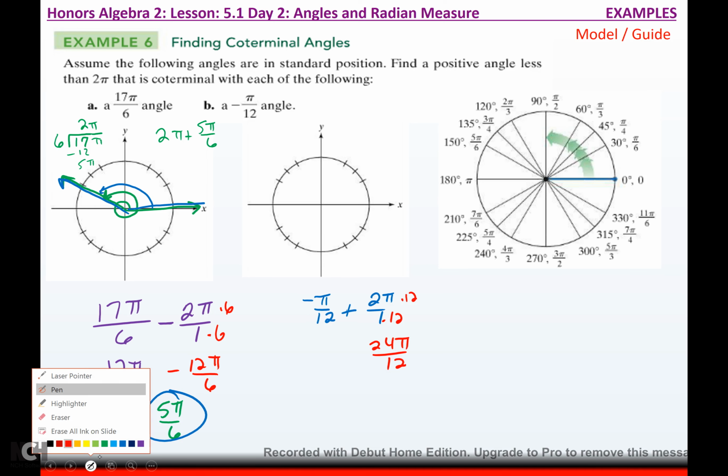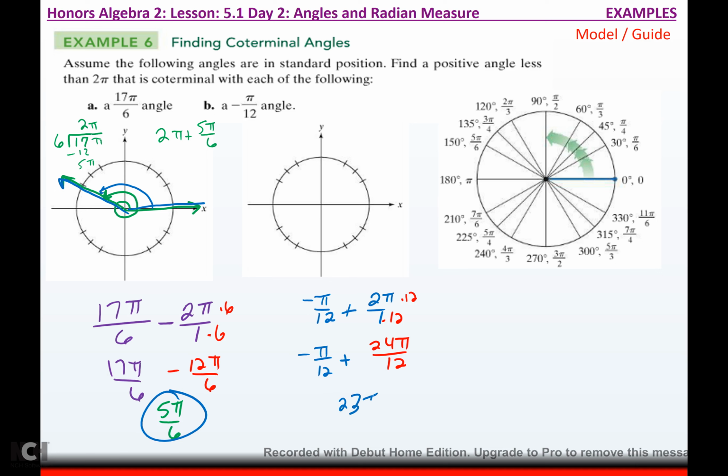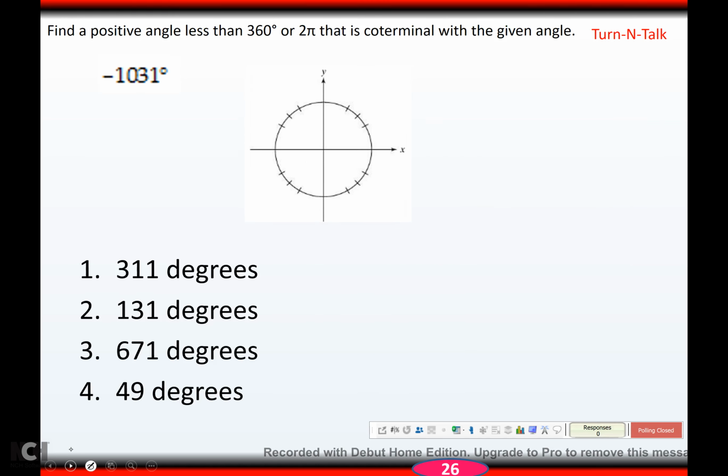So now I have negative pi over 12 plus 24 pi over 12, which gives me 23 pi over 12. And those would be coterminal. And I'm not going to graph those because those are not in the unit circle. I'm just a pain in the butt. We could convert them to degrees and estimate it, but we won't.